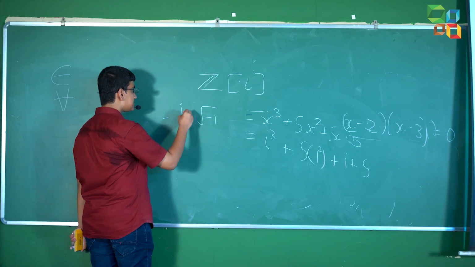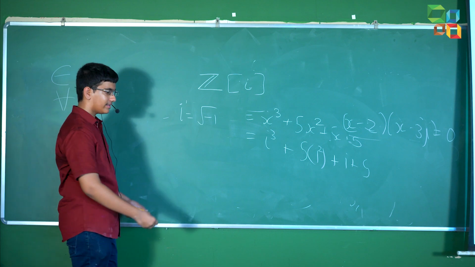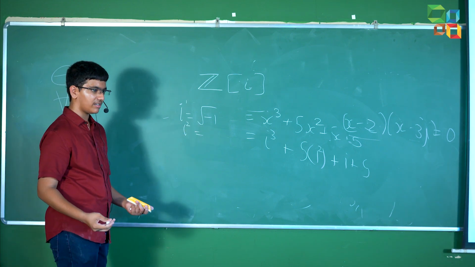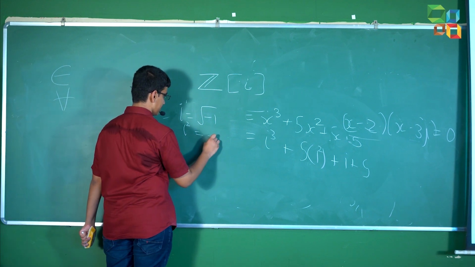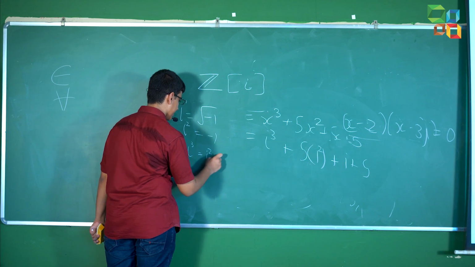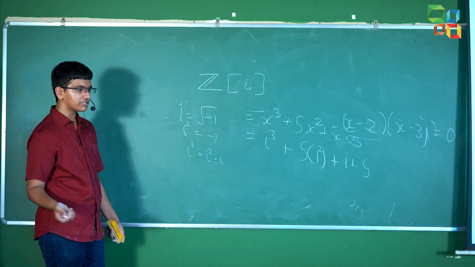Let's look at this. This is i to the power 1, root of negative 1. i squared is just root of negative 1 whole squared, which is negative 1. i cubed is i squared into i, which is your laws of indices.